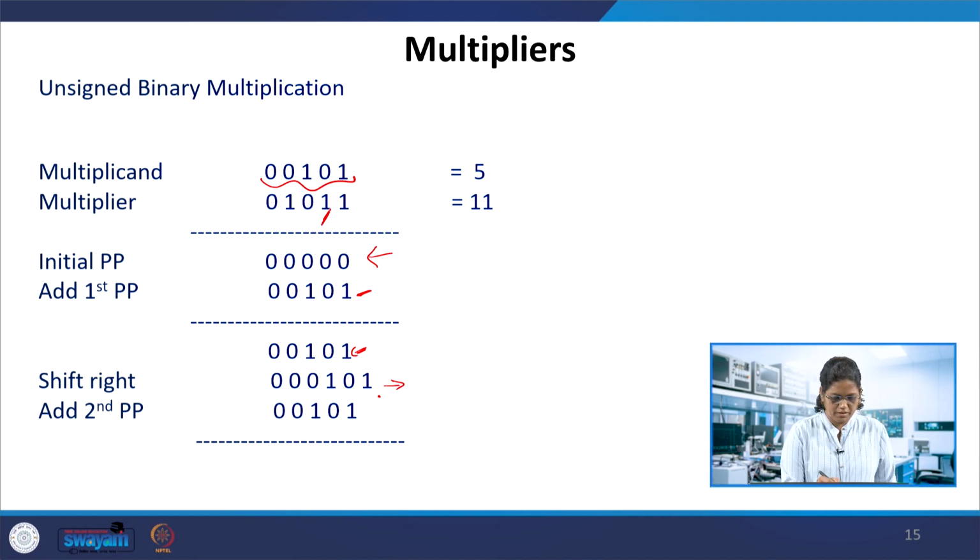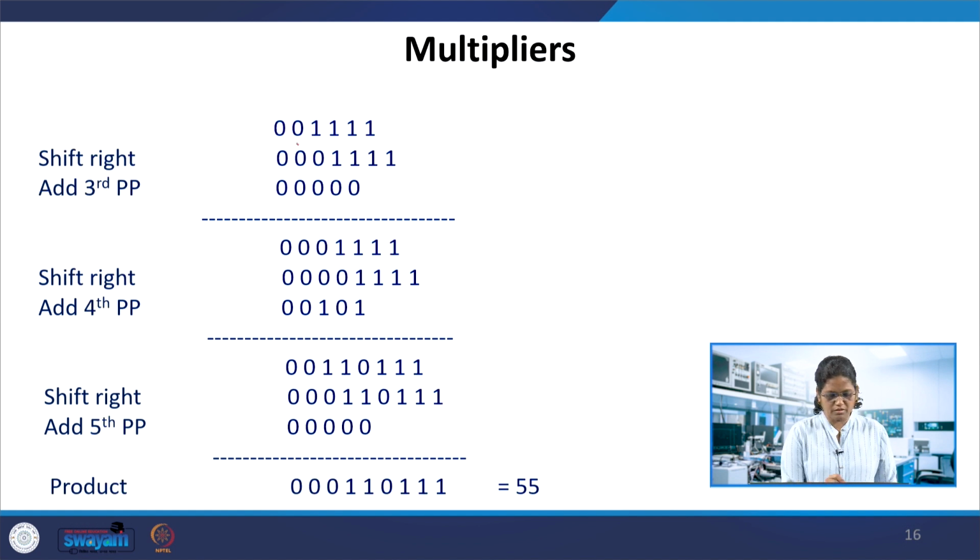So the multiplicand times 1 is the second partial product, and now add it here. The initial partial product is assumed to be 0, the first partial product is added and then shifted, and now the second partial product is added to this. So what we get is this number, and then shift it right once after the addition. The third partial product is 0. So partial products, as and when generated, are added and shifted.